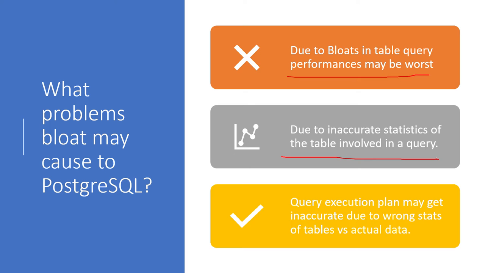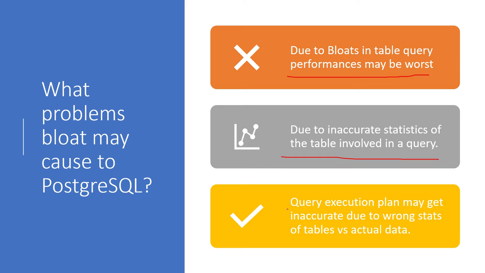So it leads to inaccurate statistics of the table. When the query having that particular table is executed, it gives the wrong statistics of the table. Instead of having the actual 1000 rows, it has more than 3000 rows. It has to traverse them, so it gives inaccurate statistics when the query is executed.